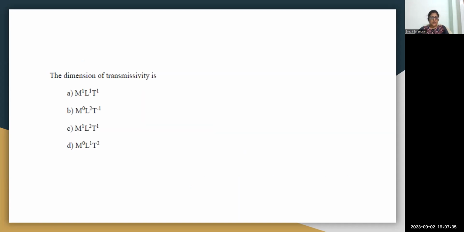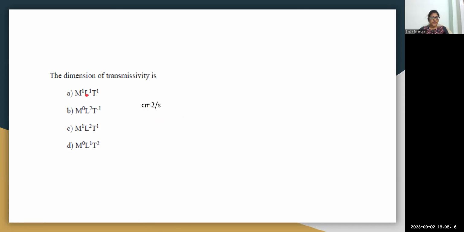The dimension of transmissivity is which out of the following? We know that transmissivity is depicted in terms of centimeter square per second.